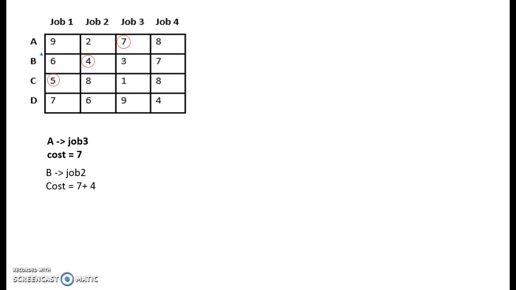We are selecting 5 from 5 and 8. Then our cost now will be 7 plus 4 plus 5. Now if we look at row number 4, there is only one remaining value, which is 4, that will be added into our cost. Now our cost will be 7 plus 4 plus 5 plus 4 is equal to 20.